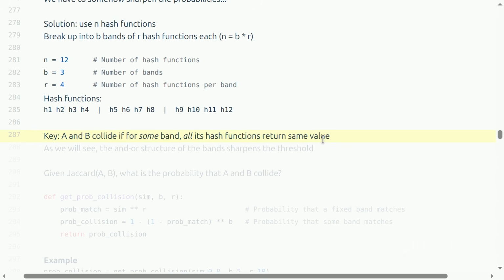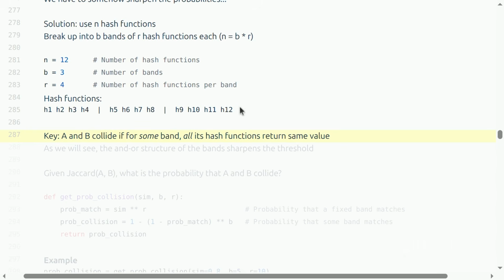So if H5 of A equals H5 of B, and H6 of A equals H6 of B, and so on, that means this band is triggered, and then I would say they collide.